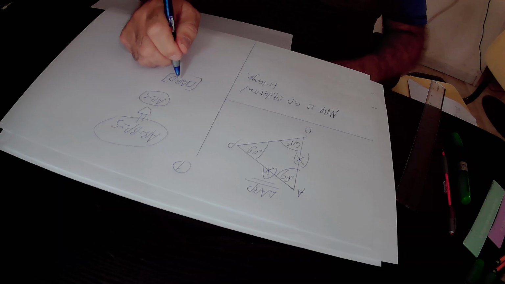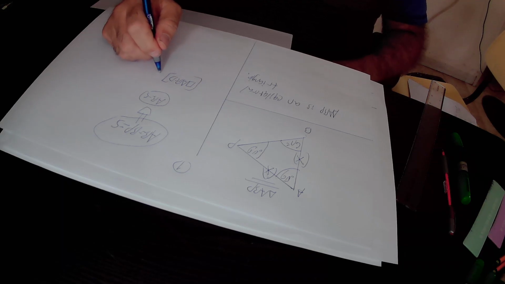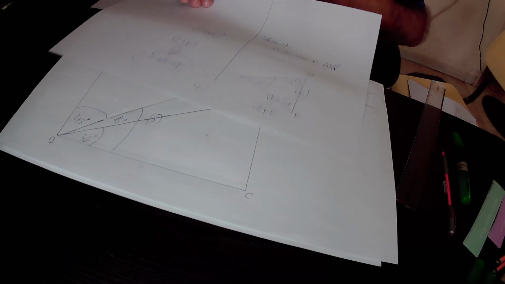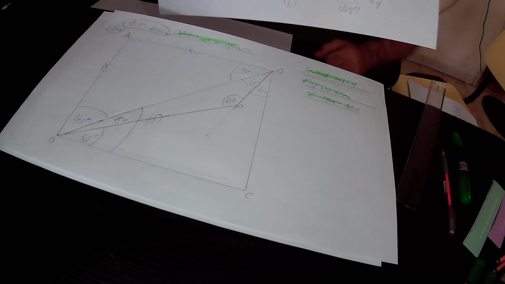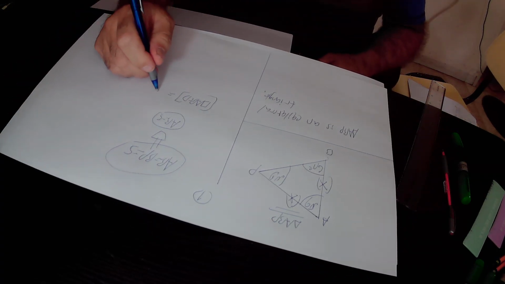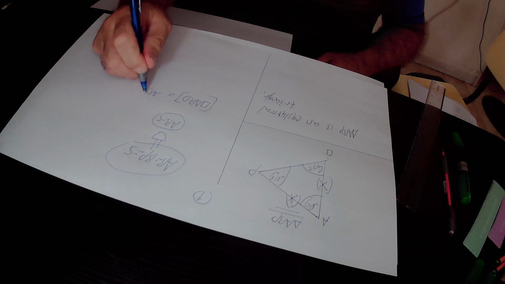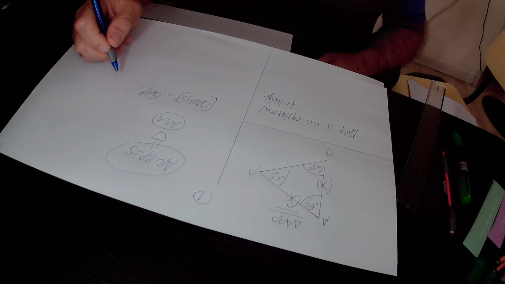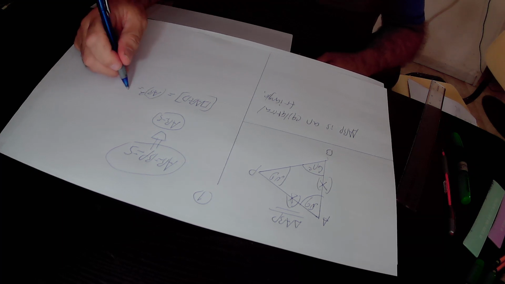I should know that the area of a square equals the length of one side squared. Therefore, it is the length of AB squared. But AB is 5. Therefore, AB squared is 5 squared, that is 25.